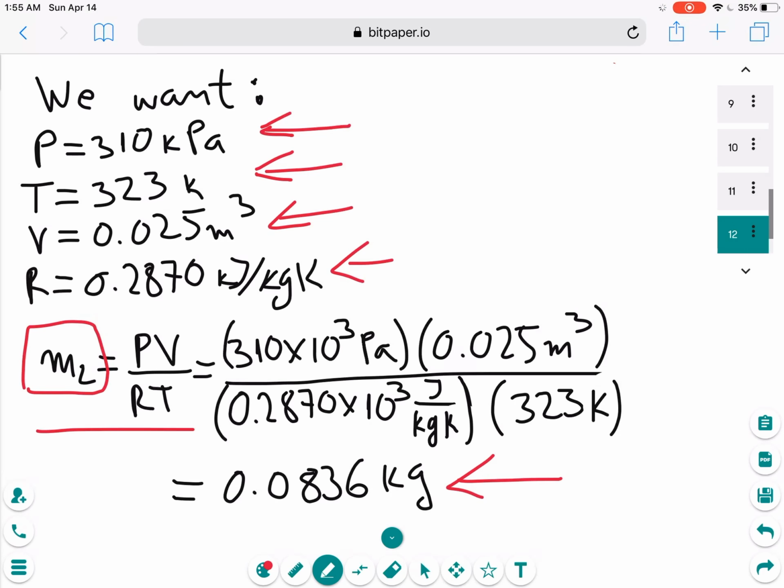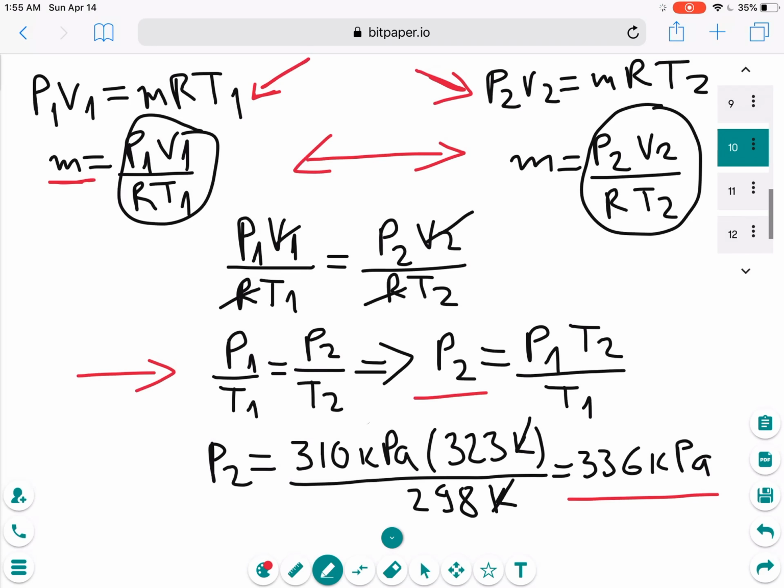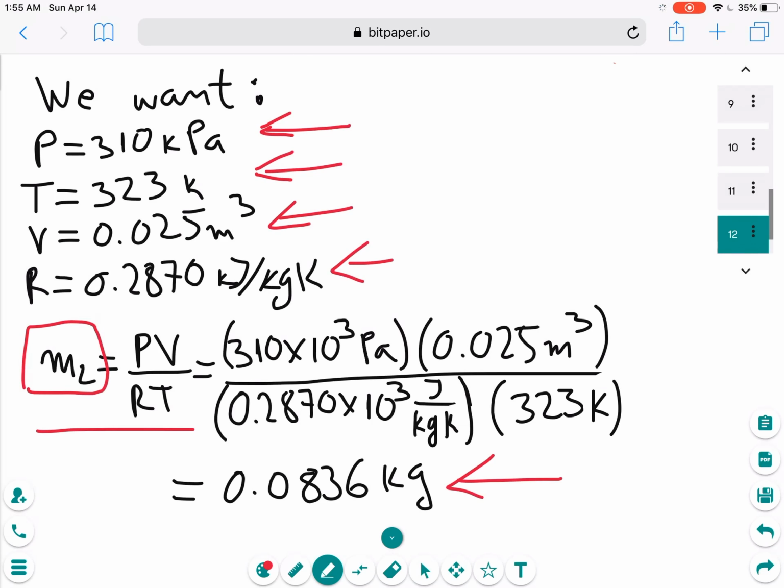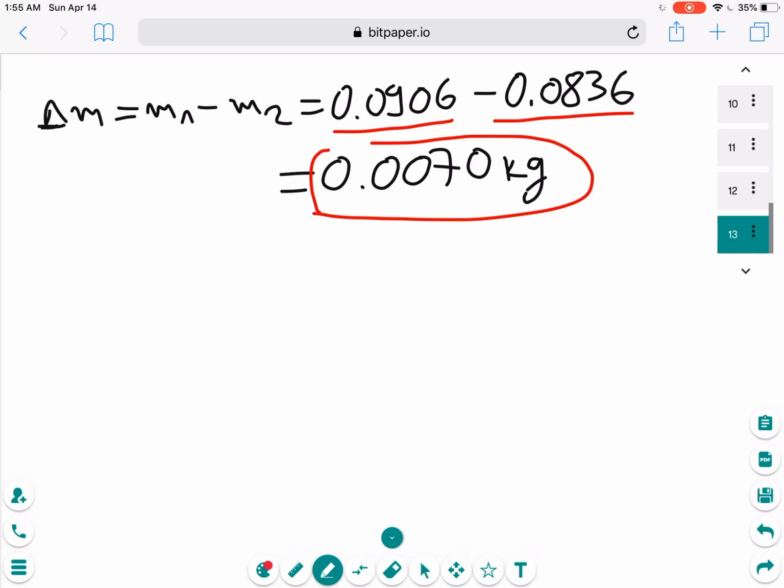So if we initially had 0.0906, but we want to have 0.0836, we have to remove some air. How much air do we have to remove? We simply find the difference between the two, and the answer is 0.0070 kilograms.